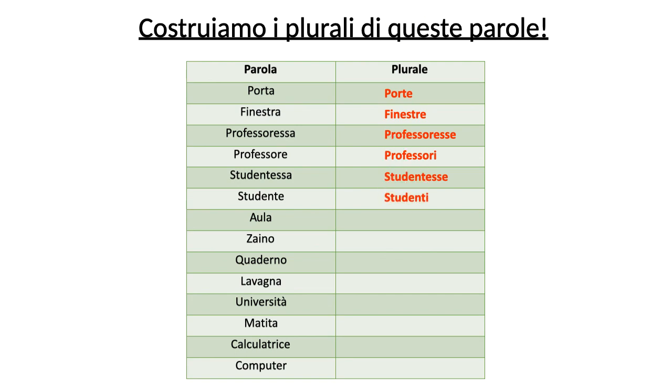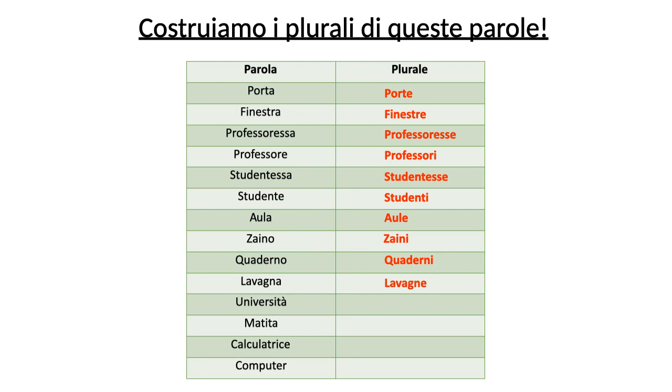Aula, A goes to E, aule. Zaino, what's the rule for O? O goes to I. Zaino, zaini. Quaderno, again, O goes to I. Quaderno, quaderni. Lavagna, A goes to E. Lavagna, lavagne.